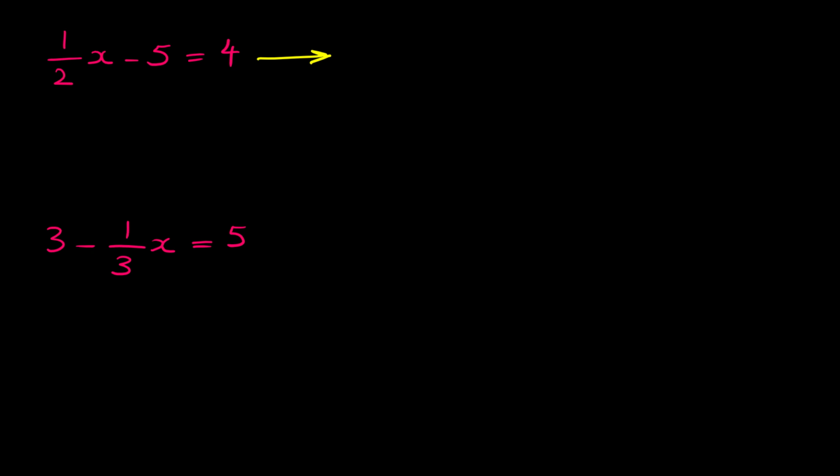Because we don't like to work with fractions, the first thing that we do in these types of equations that have fractions is that we try to eliminate them. We try to get rid of fractions. But how? Please pay attention. Let's say in a question you have 2/3. How can we get rid of 2/3?